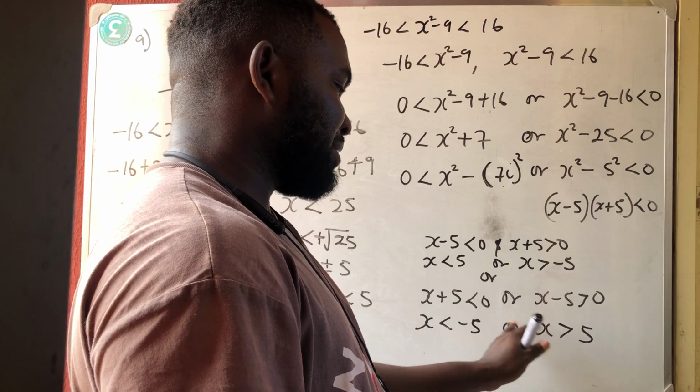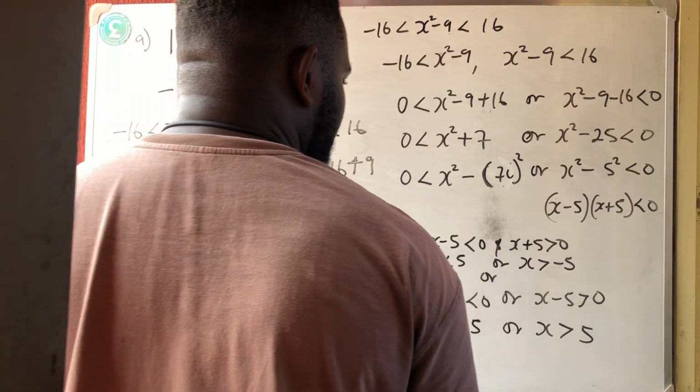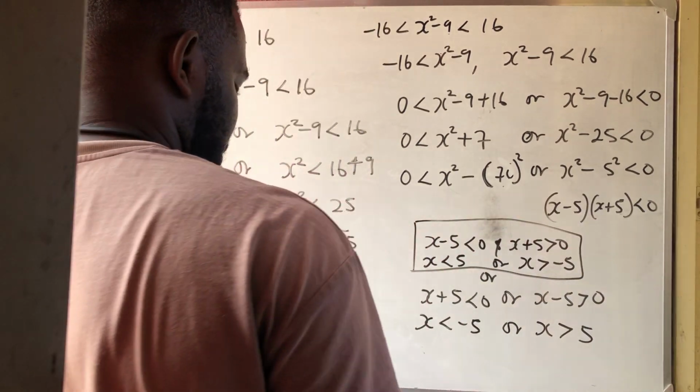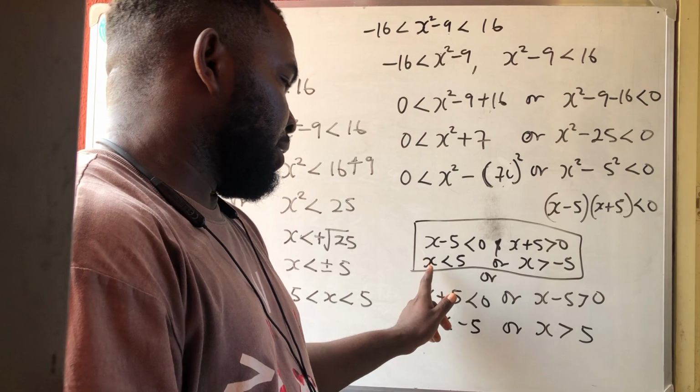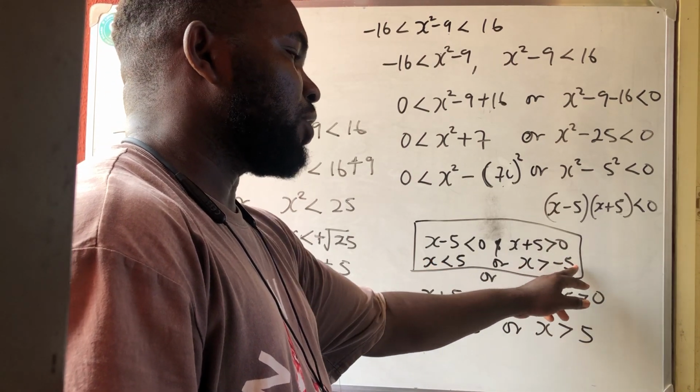We're not saying that the same x that is less than minus 5 is greater than 5. So it's not possible. The only possible answer is the first one: x is less than 5 and x is greater than minus 5.